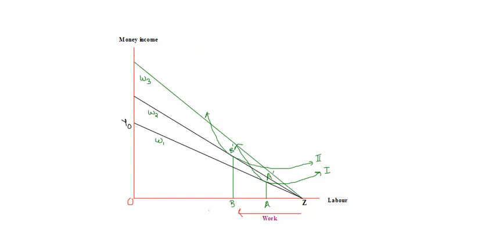Now, what happens if the wage rate increases? If the wage rate increases from W1 to W2 to W3, it would also be visible through higher indifference curves. So indifference curve 2 is higher than indifference curve 1, and in general, you know from consumer theory that consumers prefer a higher indifference curve as that gives them higher satisfaction.